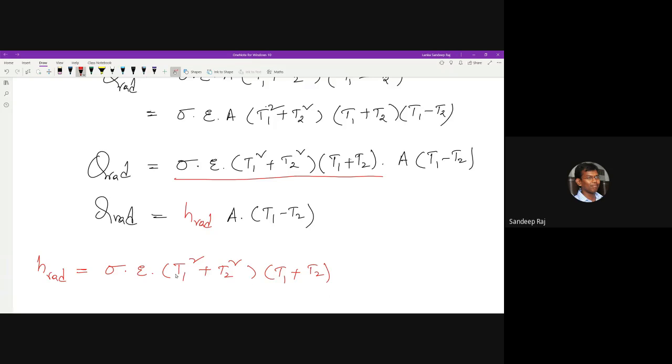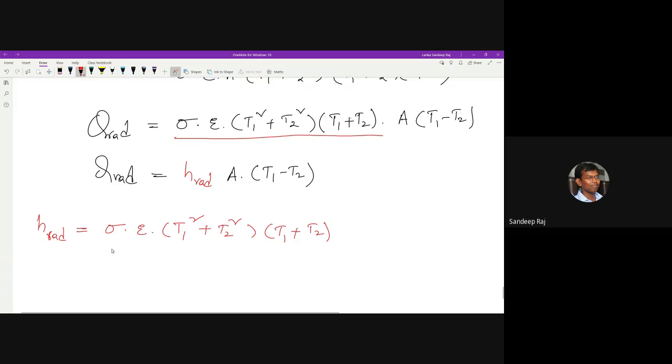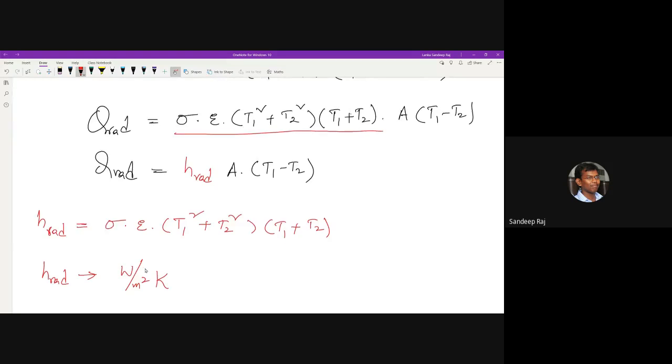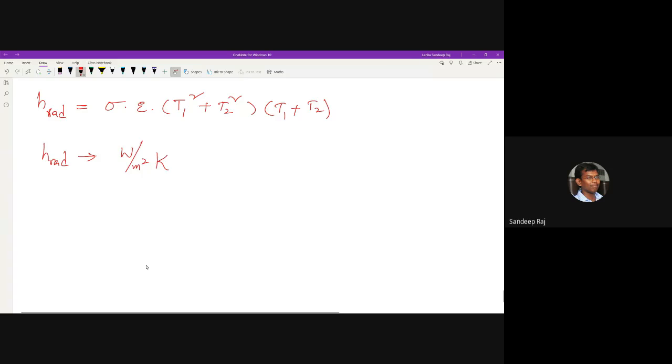This is how you get your H radiation. And the unit for H radiation is watt per meter square Kelvin. I hope this radiation heat transfer coefficient is clear to you. Any doubts you can ask, or I'll move forward.